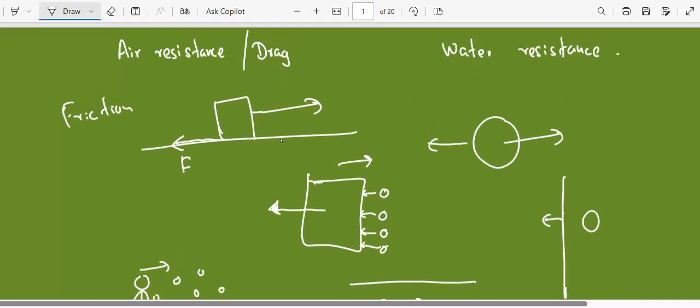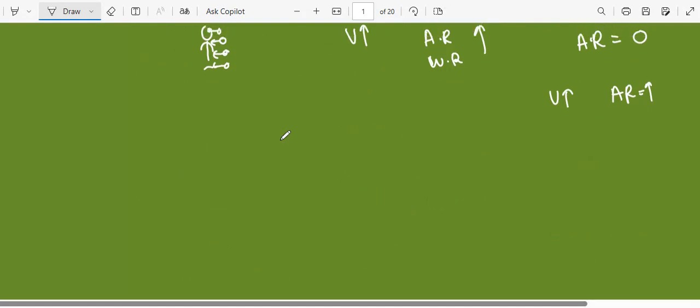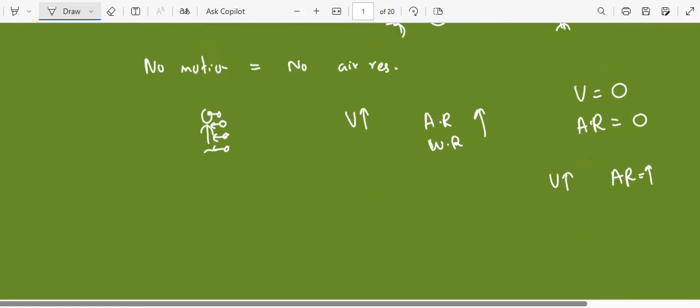So every time you are moving, when you're walking, when you're running, even if you are riding a vehicle, or if an object is falling, all objects when they're falling down, their motion will be affected by the air resistance. It may look like it is not a very strong force, but it has a very good impact on the motion of any object in any direction.